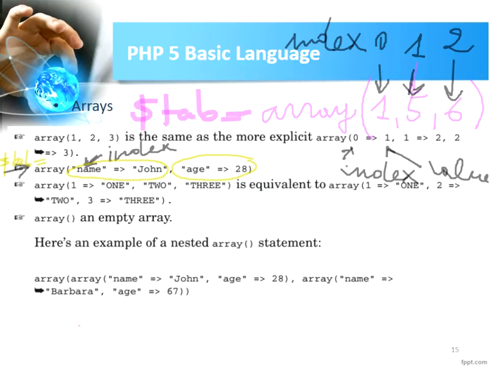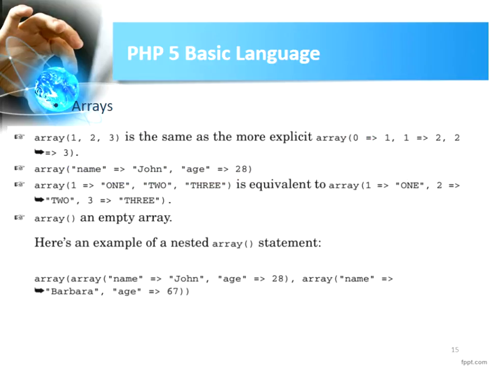This is the first one, and this is the second. So let's suppose that this array is tab. I write tab equal. So if I want to get the value of John, for example, I will write $tab name. It is clear?